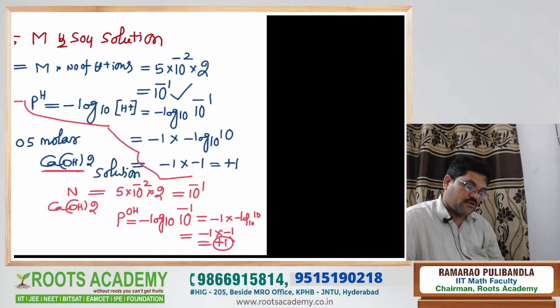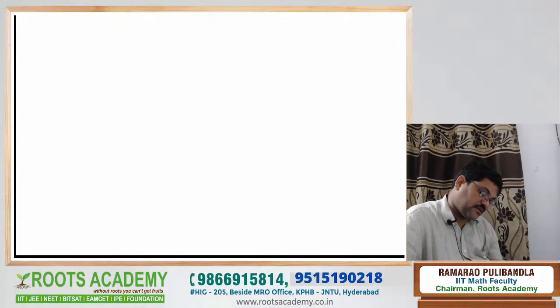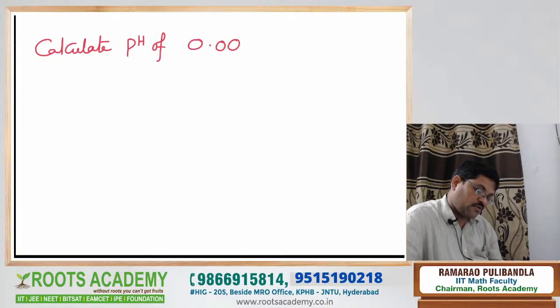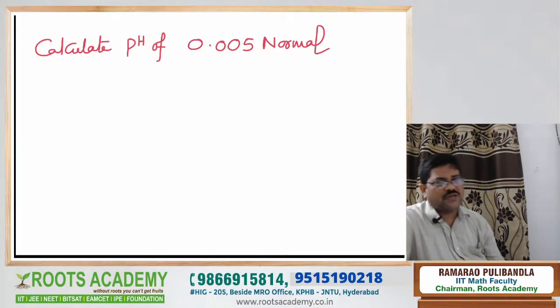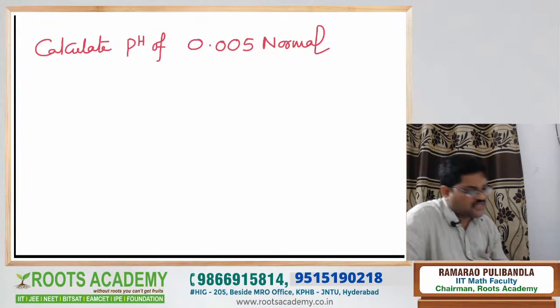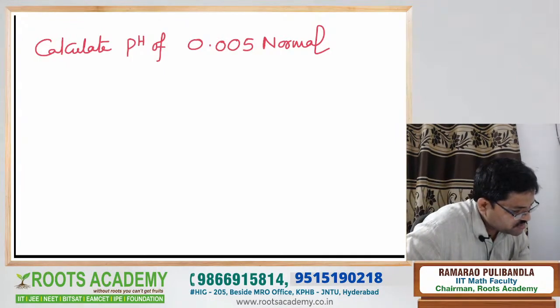For example, one question is given like this. Calculate pH of 0.005 normal. Sometimes it is given to make confusion. It's a 2 marks question, so simple logics are given.